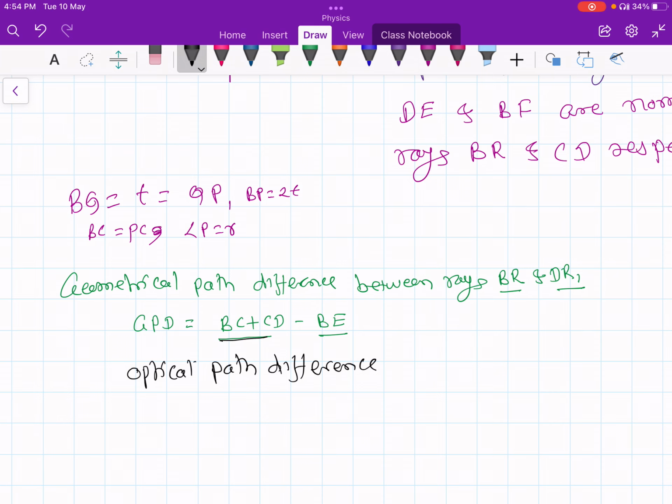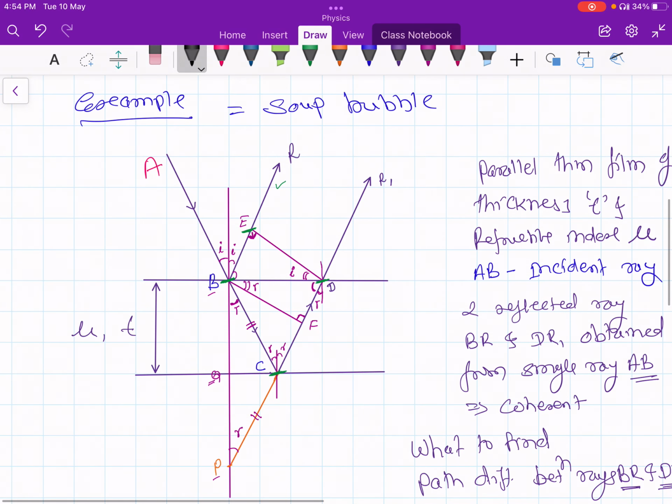Now this BC plus CD is the path traveled in the film, whose refractive index is mu.